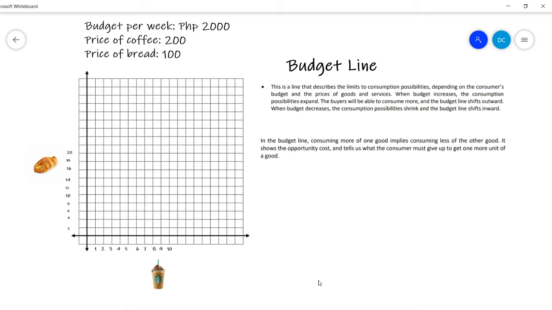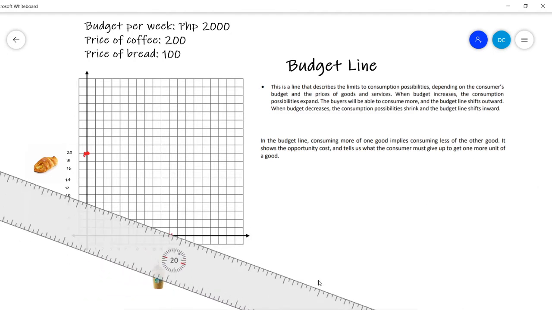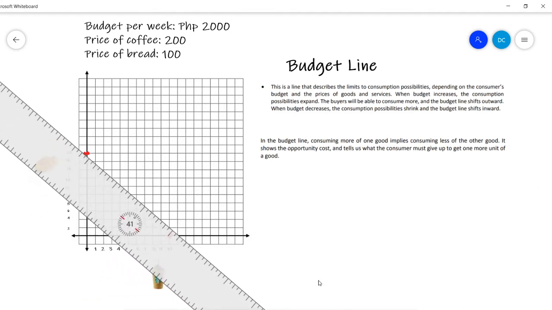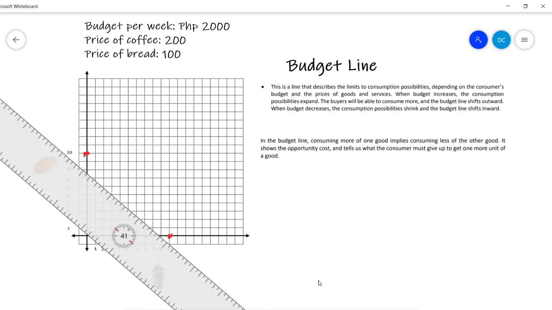Okay? So ngayon, if you plot the coordinates based on the schedule that we had kanina, we can come up with a graph that looks like this. You can validate this on your paper.